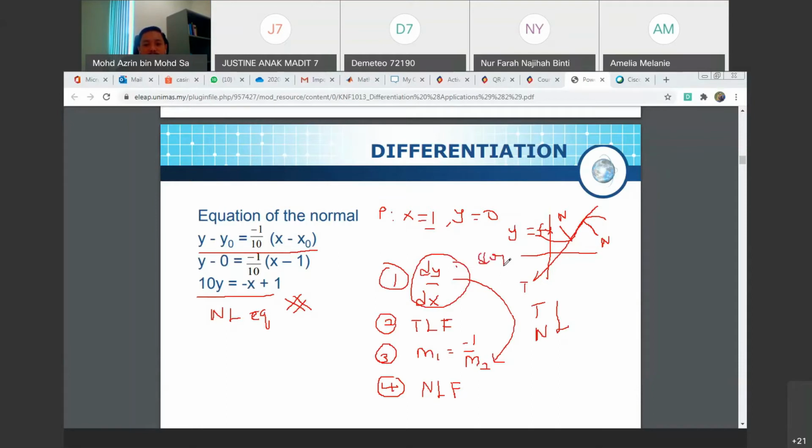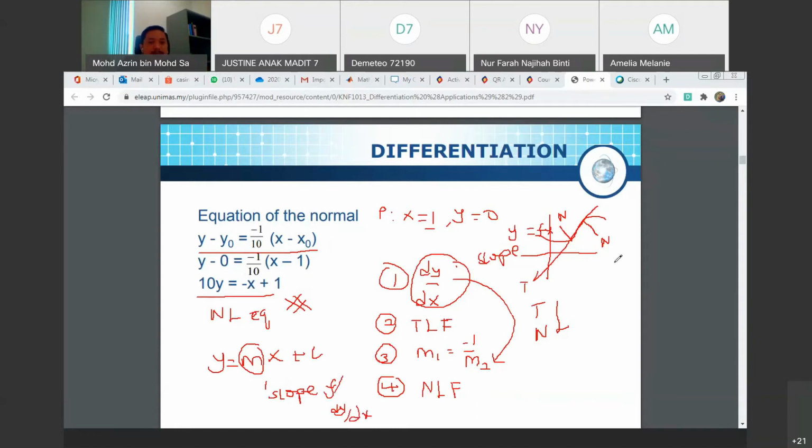All right, and we go back to the normal line equation, as we know, y equal to mx plus c. Here m is actually the slope, and it can be found by using f prime or dy over dx.